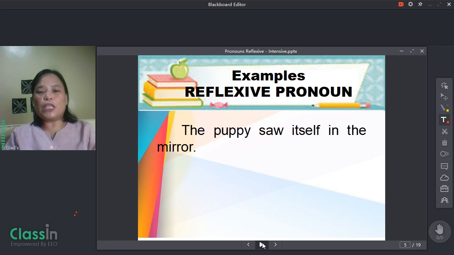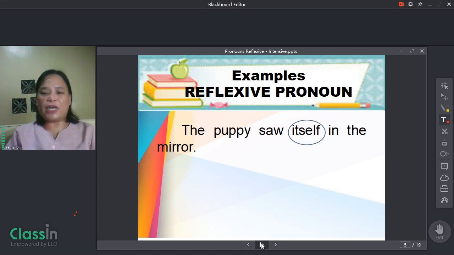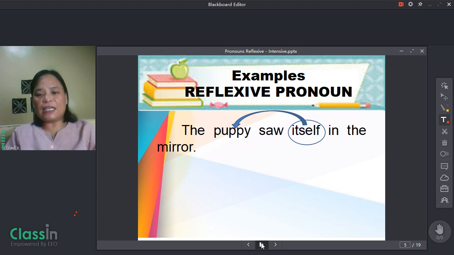What do you think is the compound pronoun used in the sentence? Very good. The compound pronoun there is itself. That compound pronoun reflects back, or bounces back, to the subject, which is the puppy. And it is used as a direct object.